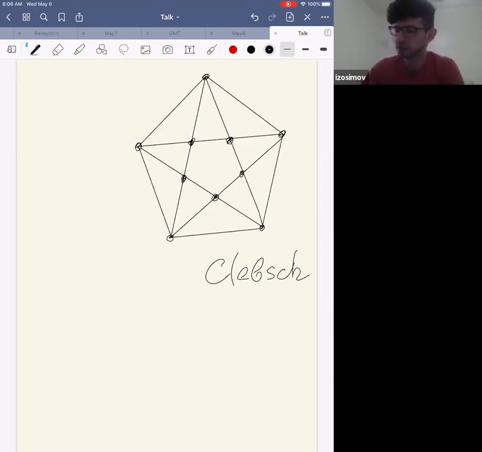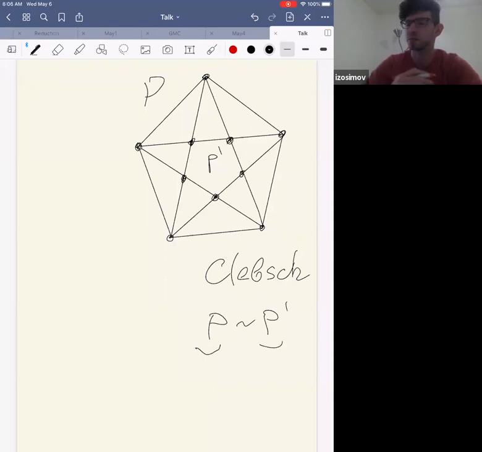What this theorem of Clebsch is saying is that this initial pentagon, which we call P, and the new one, are projectively equivalent to each other. There is always a projective transformation taking P to P prime.